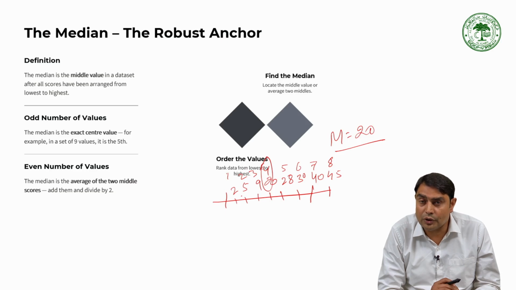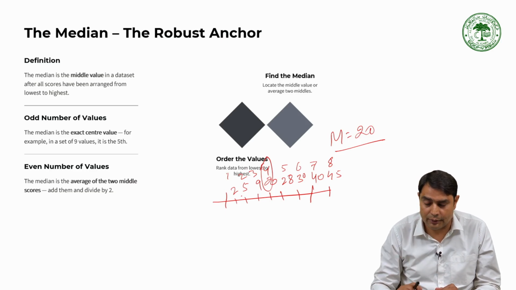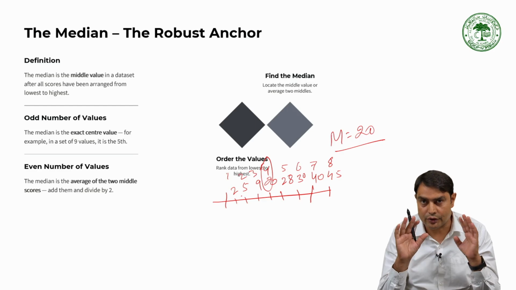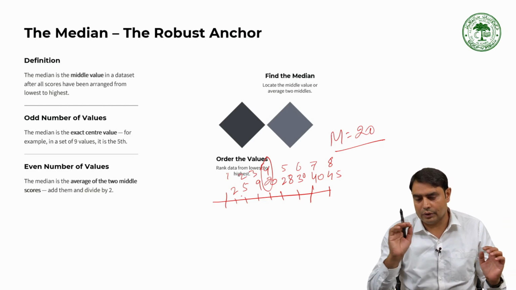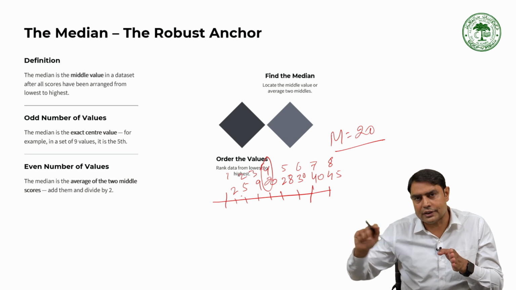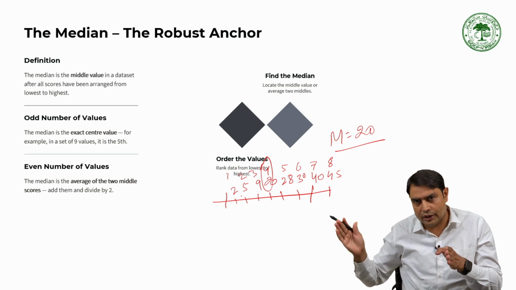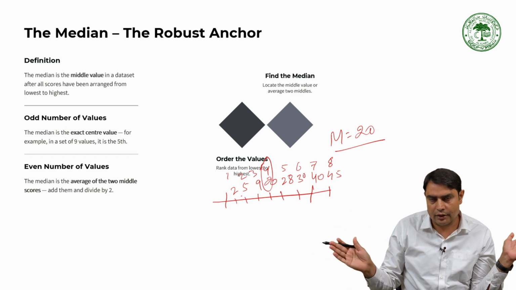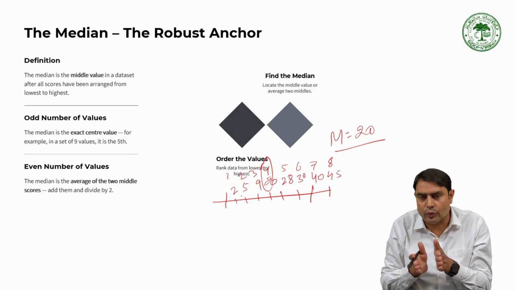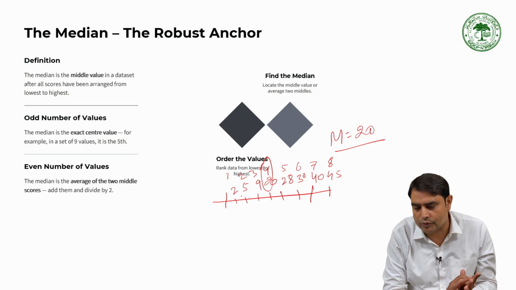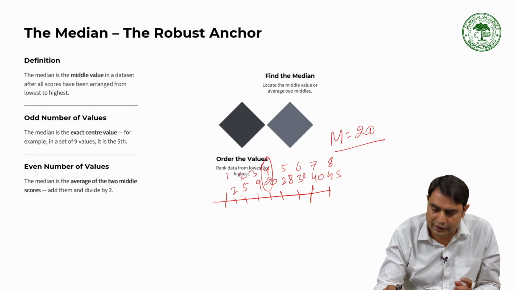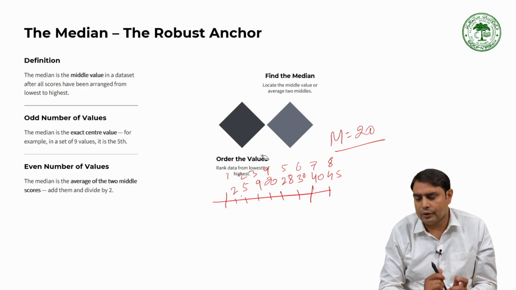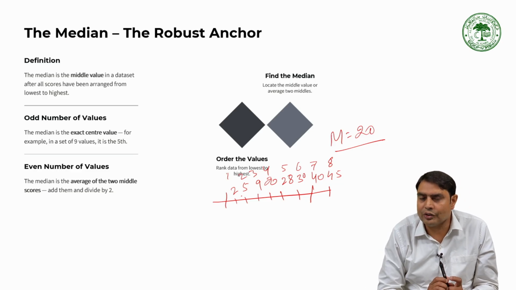Then I cannot come to the odd case, like in the earlier example where 7 values were there, 3 on this side, 3 on the lower side, and in the middle 20, which was my fourth value. But now we have 8 observations.